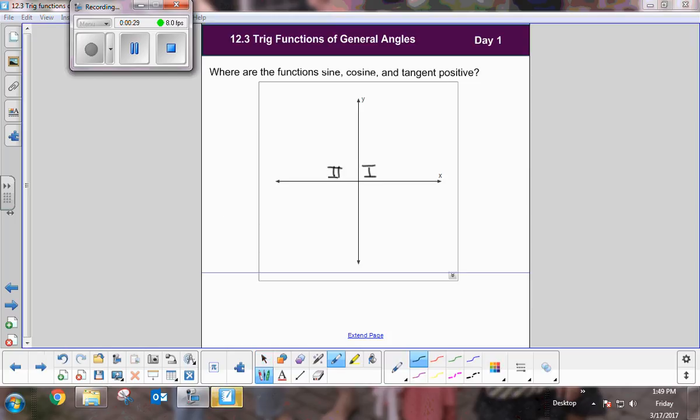true. Putting in here the quadrant numbers, going counterclockwise, it's quadrant 1, quadrant 2, quadrant 3, and quadrant 4.